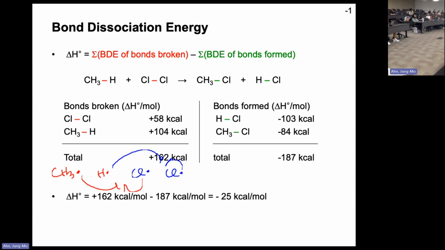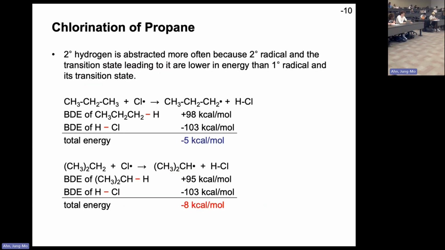What that means is, if you know the bond dissociation energies, you can calculate for any chemical reaction how likely it will happen or not. What we want to do is calculate how much energy difference there is between the radical at carbon number one and the radical at carbon number two.